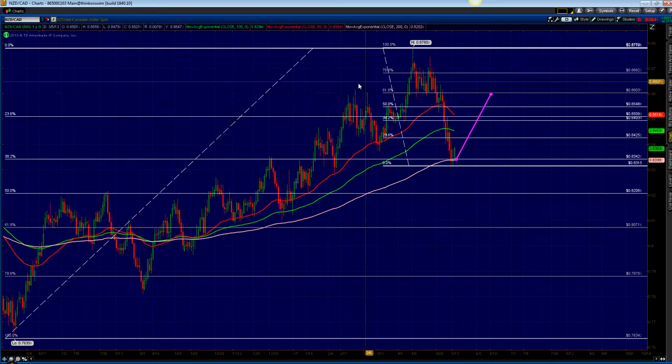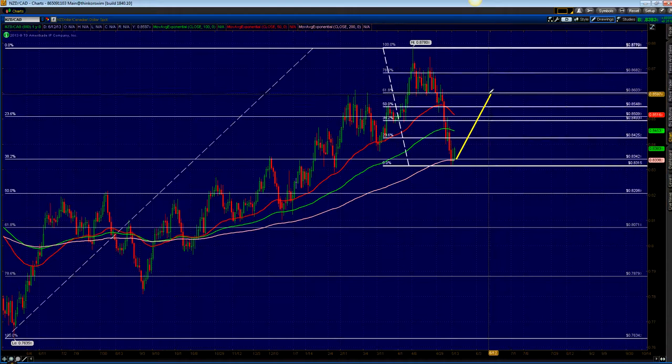That would put in some nice symmetry with what I'm thinking may be a potential left shoulder in an extended head and shoulders pattern here on the daily chart. So left shoulder, head. Now we're about to bounce and form a right shoulder, something along these lines.